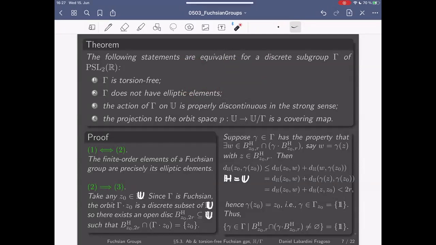Okay, so now if we take half the radius, we have our z naught again, with the bigger ball B(2r) and now a smaller one, B(r).